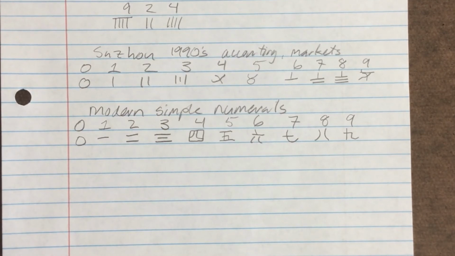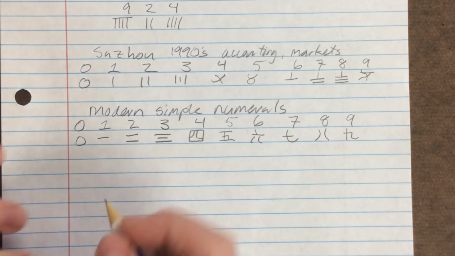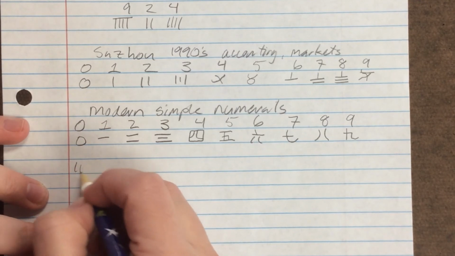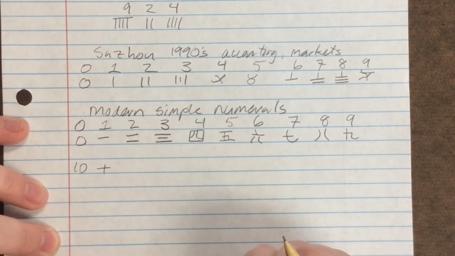Then they're a lot more, they write their bigger numbers. They've got a shape for 10, and then for each of the powers of 10 up to 10,000, and then bigger than that, they say how many 10,000s they have. So basically 10 is a plus.